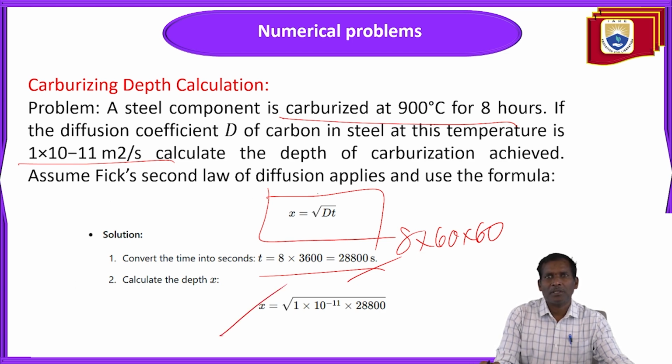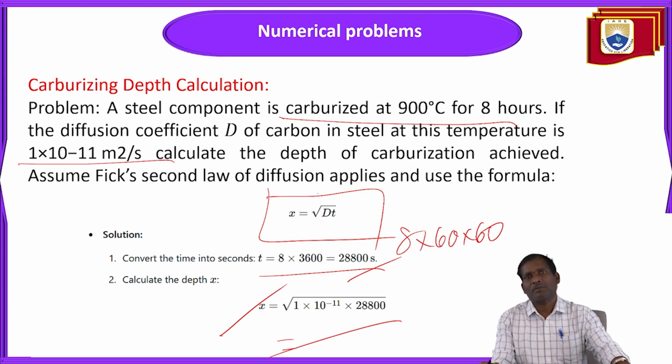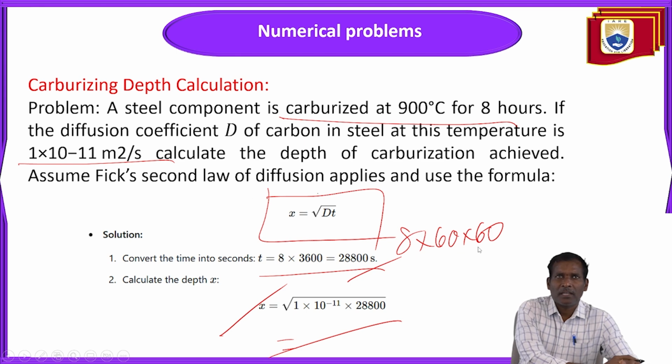D for carbon in steel at this temperature is 10 to the minus 11, multiplied with t, the time, which is 28,800 seconds. So we will get the x value. As per Fick's second law, you can calculate the carburizing depth.